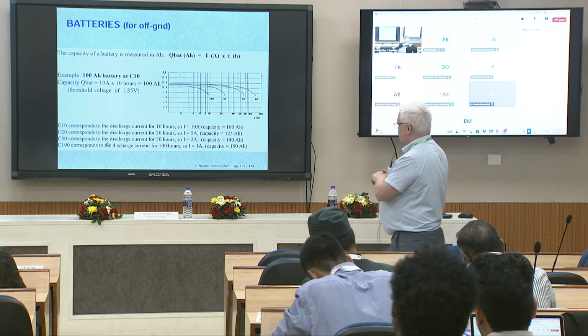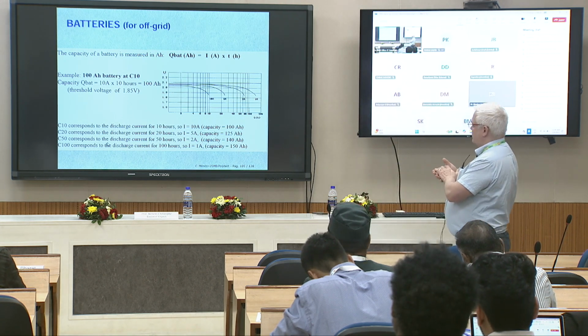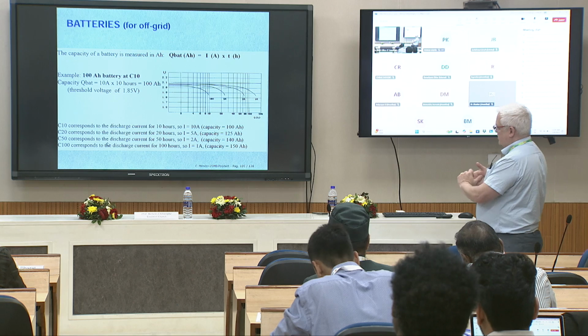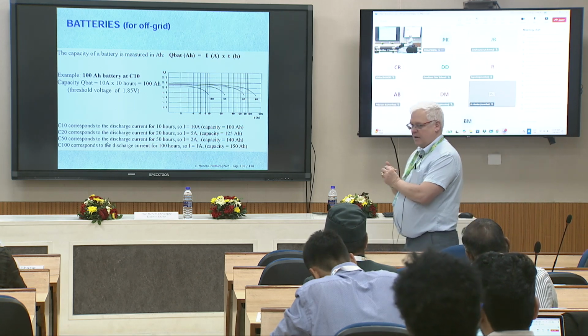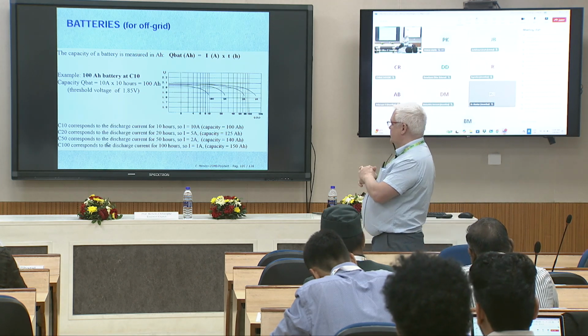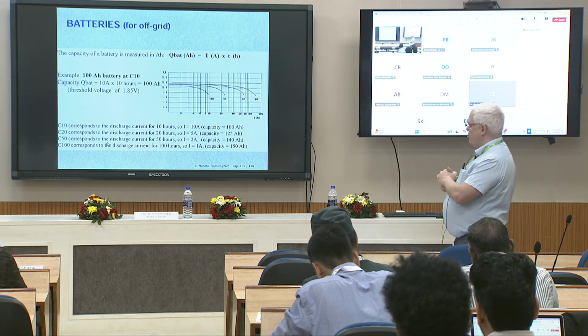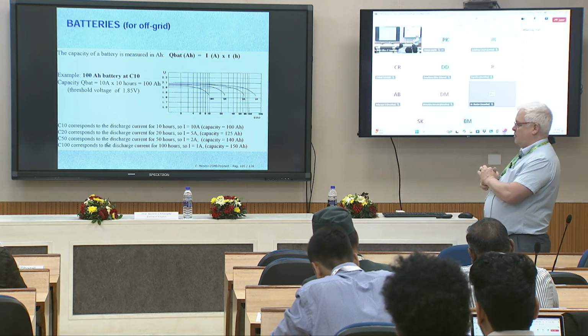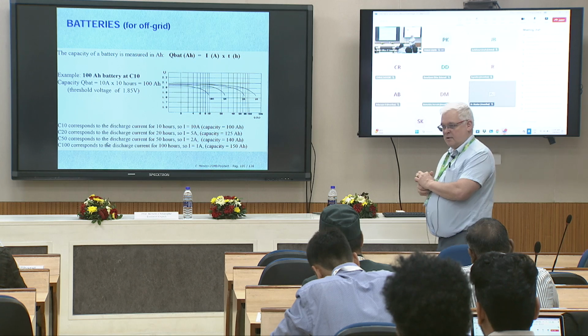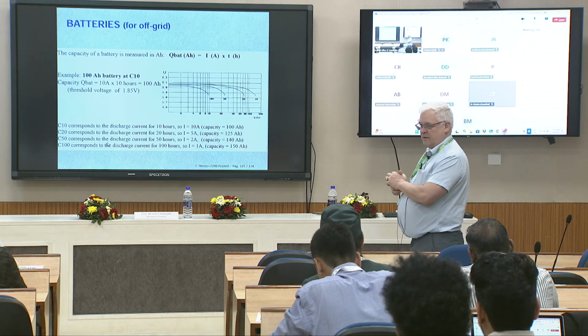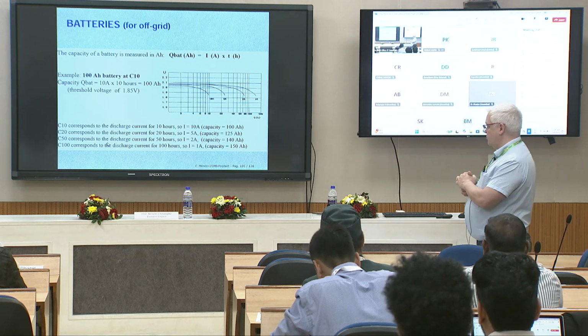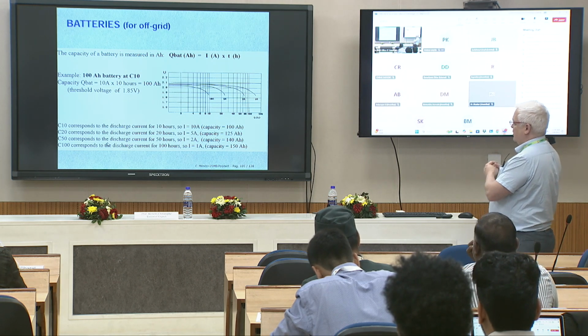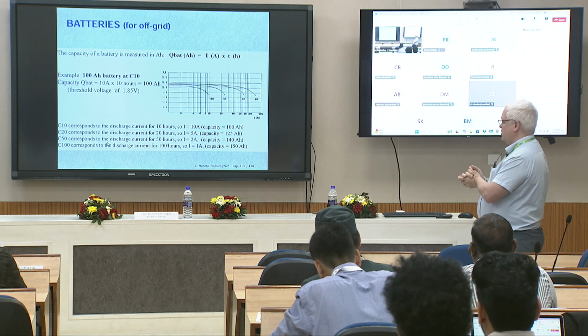Okay. So when we say that a battery has a capacity of 100 ampere hour, that means that it is able to provide 1 ampere during 100 hours, or to be able to provide 10 ampere during 10 hours, and so on.